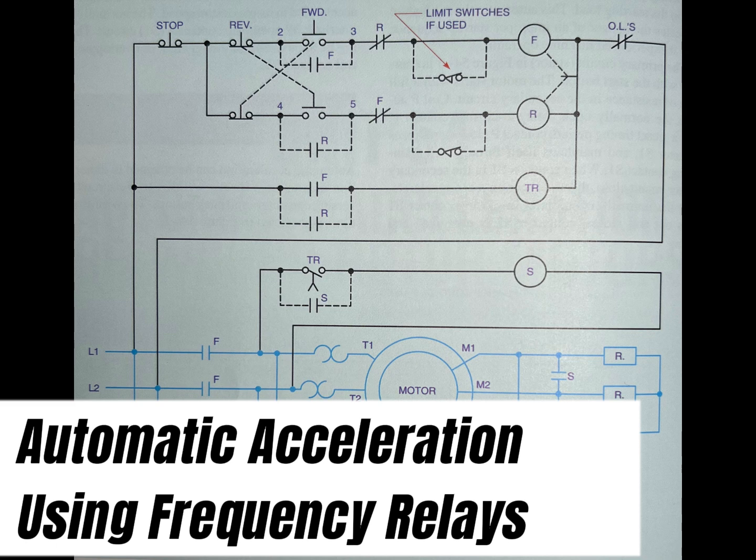This relay uses the principle of electrical resonance in its operation. When a 60 Hz AC wound rotor motor is accelerated, the frequency induced in the secondary circuit decreases from 60 Hz at zero speed to 2 or 3 Hz at full speed.